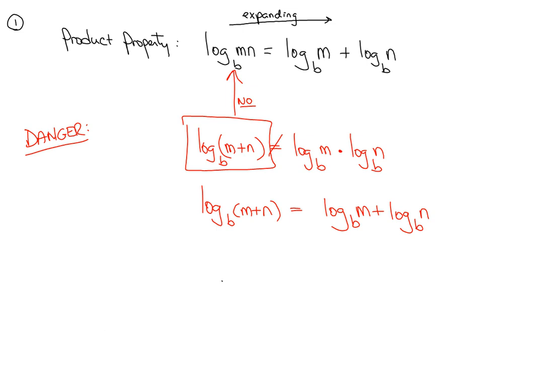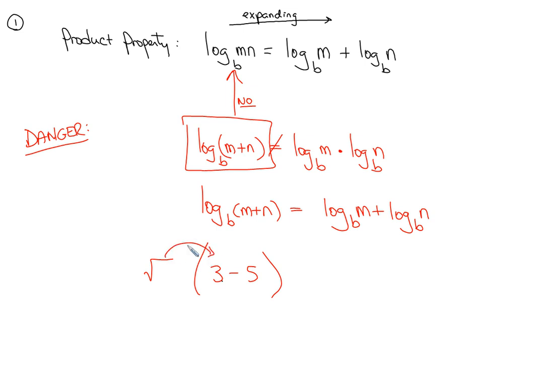Log base b is an operation. It's not a number. Log base b of something is a number, but log base b by itself is an operation. That's like having an empty square root. Could you distribute a square root? No, you distribute numbers, right? This has no meaning other than in your calculator, just because of how your calculator prints things.